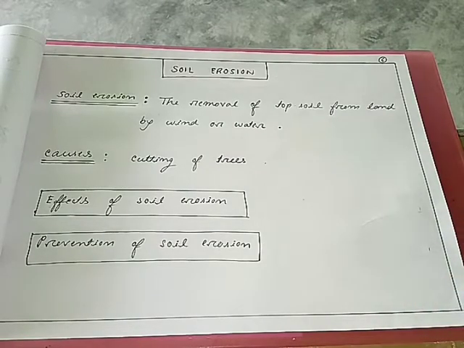The soil cannot be held by the roots of the plants. Initially, the soil was being held by the roots of the trees or plants, but after cutting down the trees, there are no more roots present in the soil, so soil becomes loose, and that's why due to rain water or wind, the top layer of the soil gets removed. Okay, and soil erosion occurs.